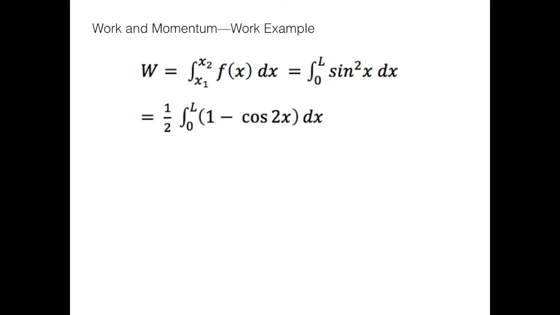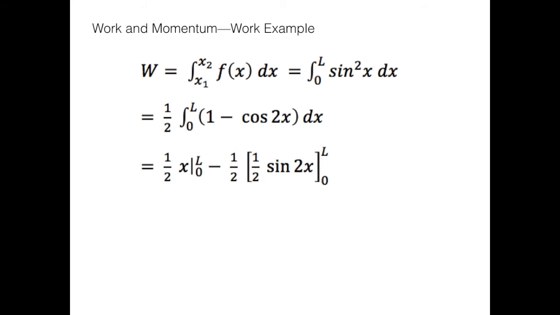So we know that sine squared x is equal to 1 minus cosine 2x all over 2. Now we can pull out the 1/2 and write the integration as 1/2 times the integration from 0 to L of quantity 1 minus cosine 2x dx.